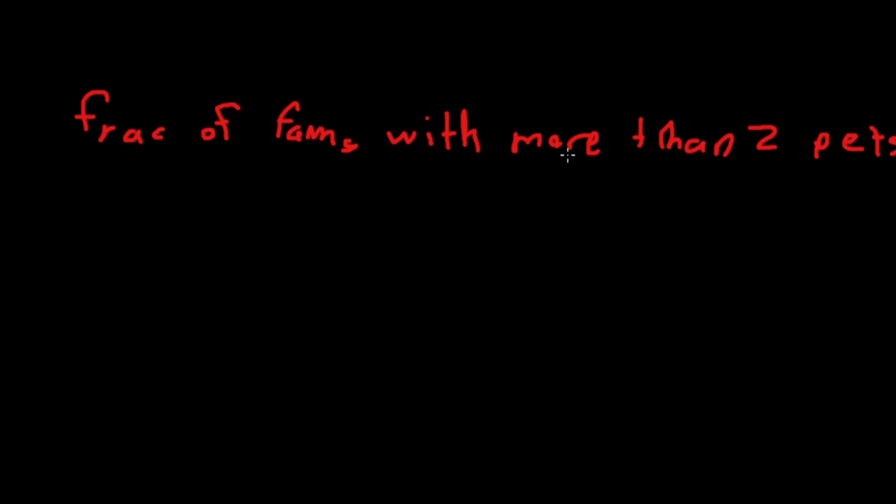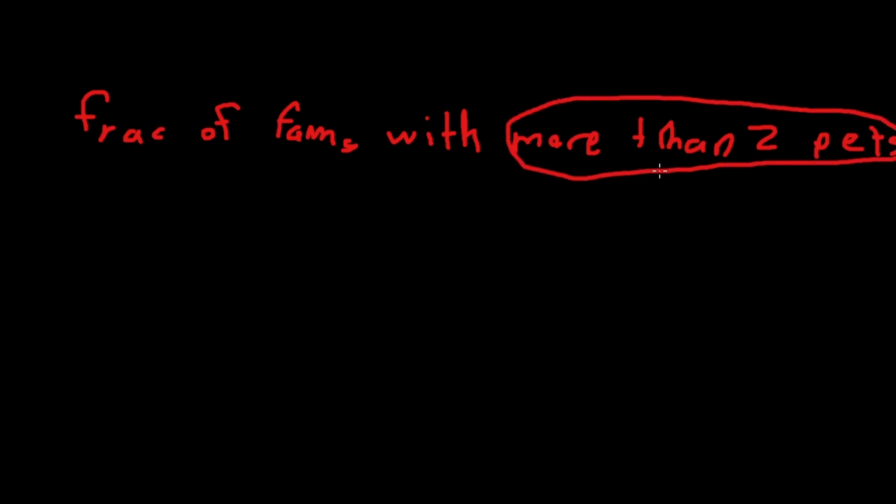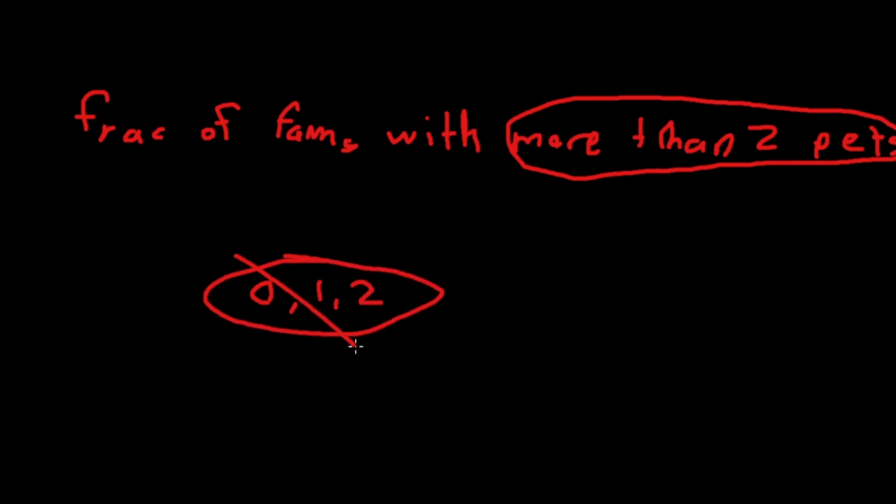But remember, all we're looking for is the families with more than 2 pets. That's what the question's specifically asking for. So all the families that have 0, 1, or 2 pets are not what we're looking for. For this dot plot, we're looking for the families that have 3 and 4 pets.